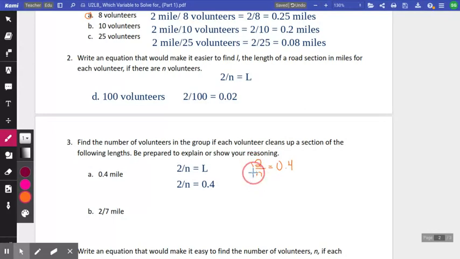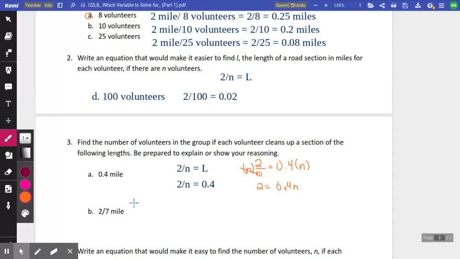I want to multiply by N. Right now it says we're dividing by N. I want to do the opposite, and the opposite of dividing by N is multiplying by N. When I do that, those N's are going to cancel out, and we get 2 equals, on my other side, 0.4 times N. I can leave it written like that, or I can just go ahead and say, well, 0.4 times N is just 0.4N. And let me try making that decimal point a little bigger.